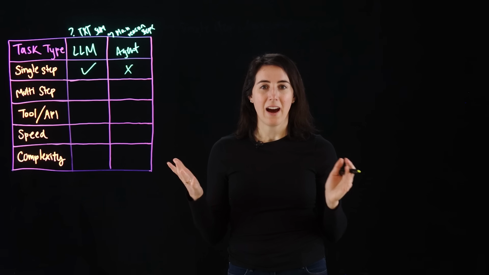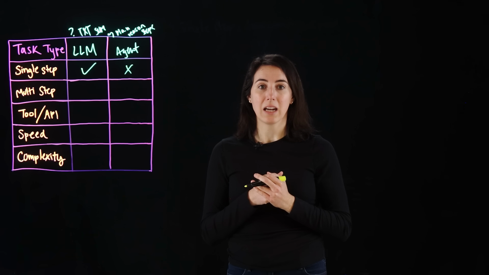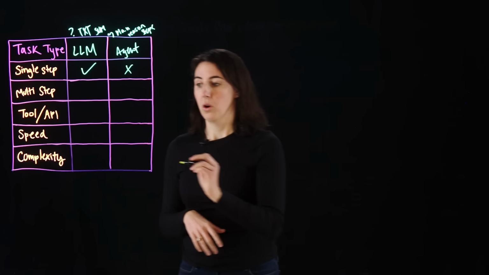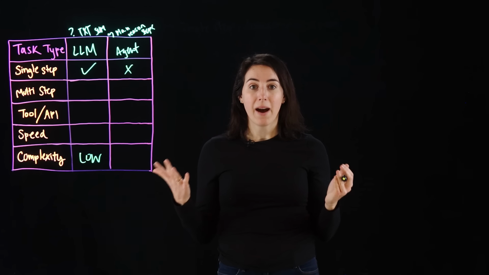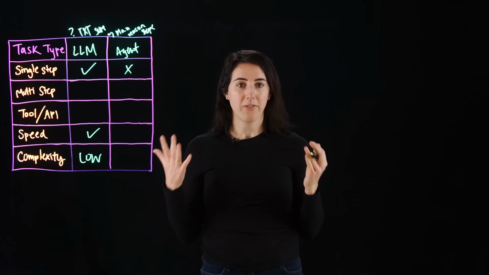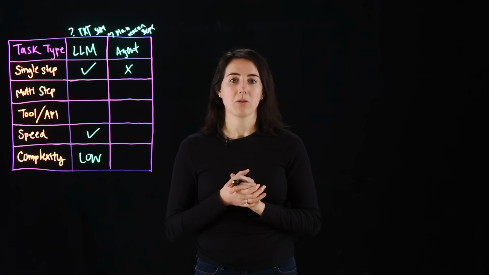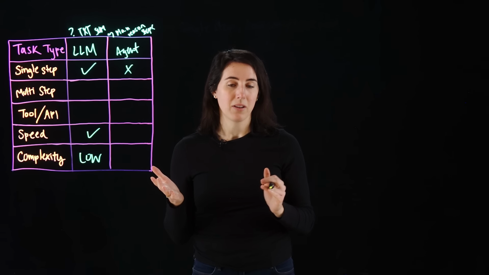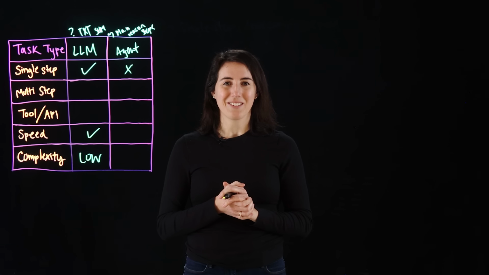When your task is low complexity, so you don't have that need for planning or external tools. Speed. When speed matters, you want to use that LLM when you want fast results without overhead. Some examples for large language models might be writing an email, summarizing a document, translating text, or generating ideas.